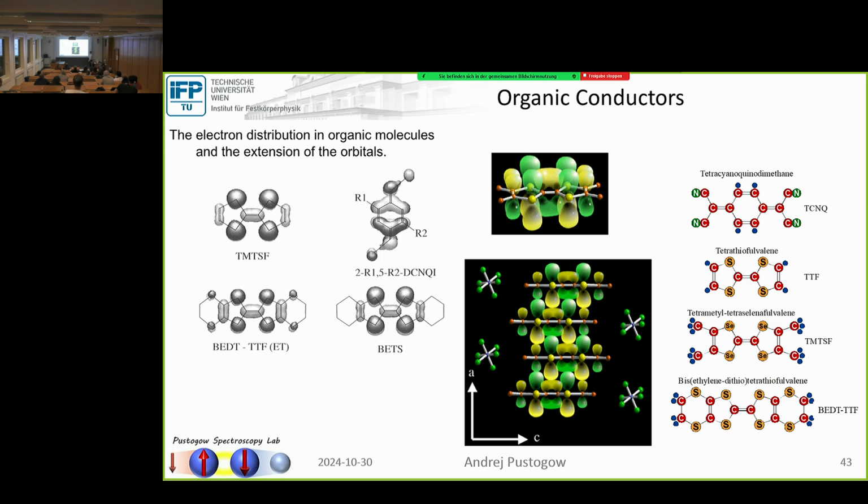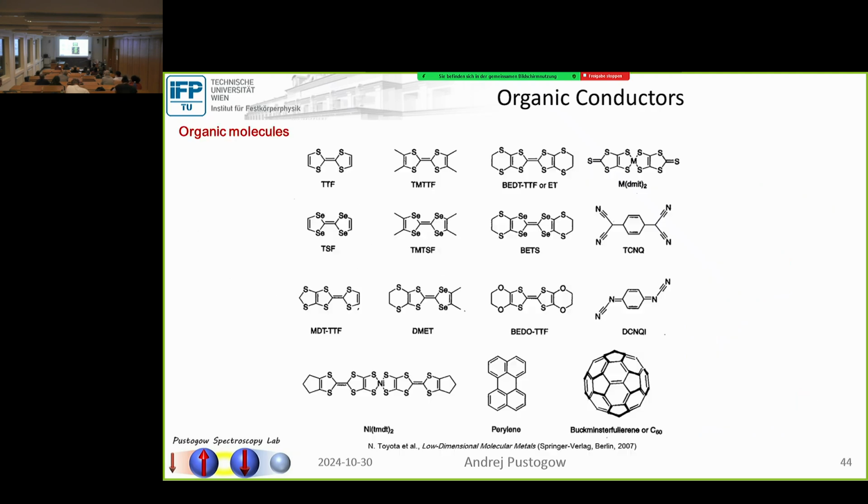And from this one had a very big variety of physical systems. If we look at these orbitals, most of the molecular charge is centered around these carbon-carbon double bonds in all of these molecules. So this will be important for the later points.